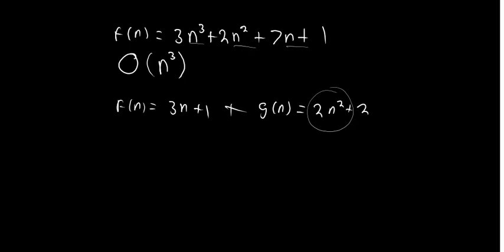But when you multiply them, you get the product of the two, and the biggest term there will be 6n to the power 3. So if we were to multiply these two, it would be O of n to the power 3. So just a few things to remember.